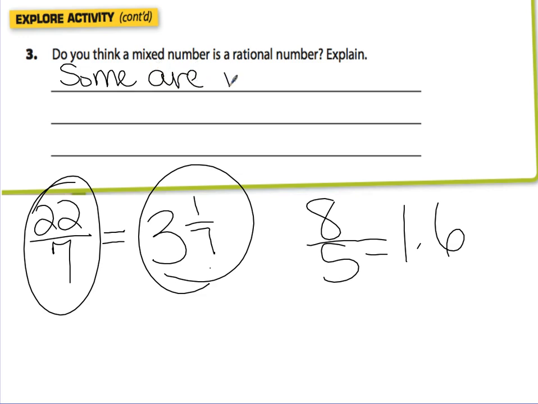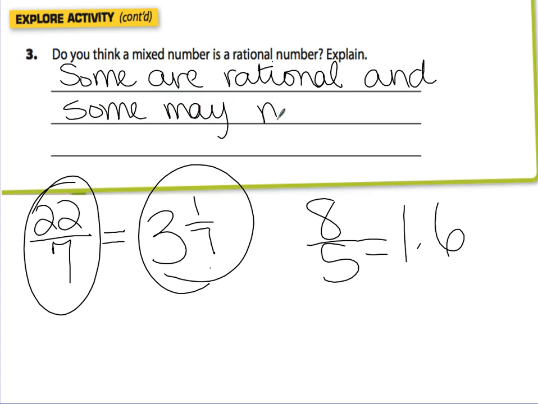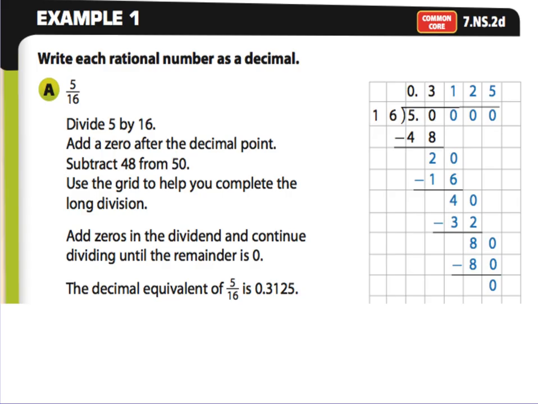Some are rational, and some may not be. Okay, so there is not an end-all be-all in terms of mixed numbers.